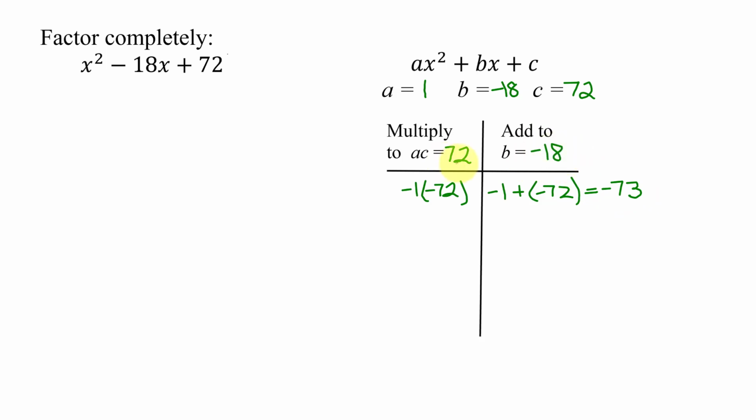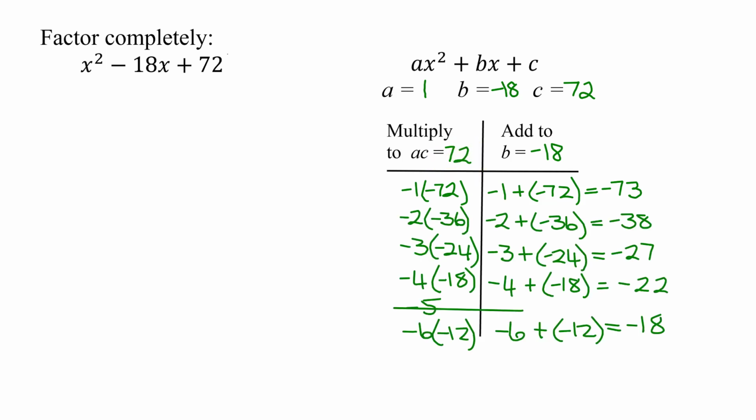As there are so many factors of 72, I'm going to put the video on pause for a second. While the video was on pause, I worked on my table. 2 divides into 72, so I had negative 2 times negative 36. Those numbers didn't work. 3 divides into 72, so I have negative 3 times negative 24.